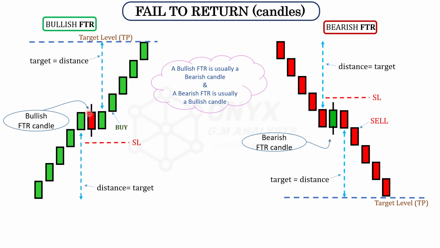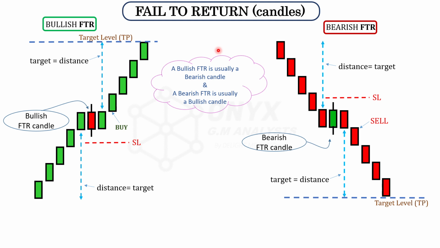It's simply because the bears here, as you can see, tried to push the market back down, but it failed to return prices down. Instead, the bulls took the price upside, and that's just it. Mind you, our nomenclature here says that a bullish FTR is usually a bearish candle.